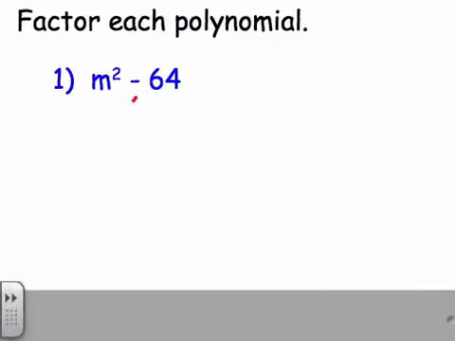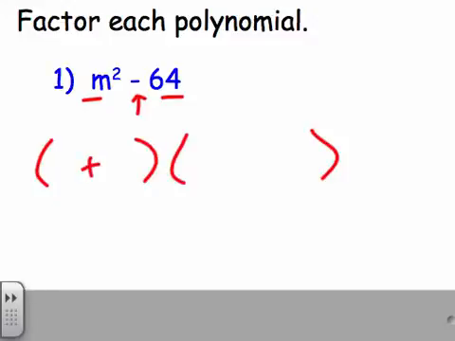So I take a look at my first one. It's a difference. I'm good. Well, can I take the square root of m squared and the square root of 64? You bet I can. So I can break this into a product of two binomials. We know it's going to be a plus and a minus. The square root of m squared is m, so m is my first term. The square root of m squared is m.